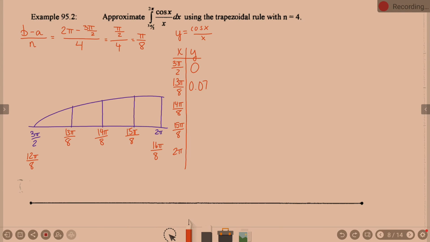The 6 will tell the 49 to go up to 50. If I now hit trace again and put 14 pi over 8 in, 0.1286. Hit trace again and put 15 pi over 8 in, 0.1568.